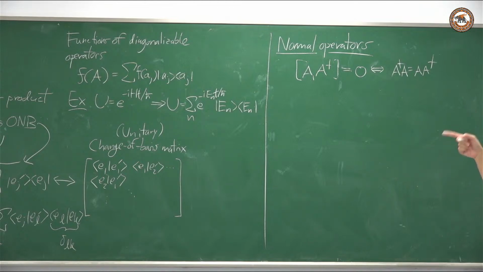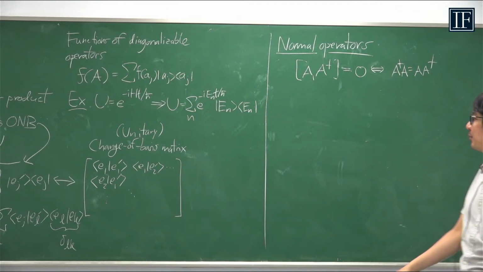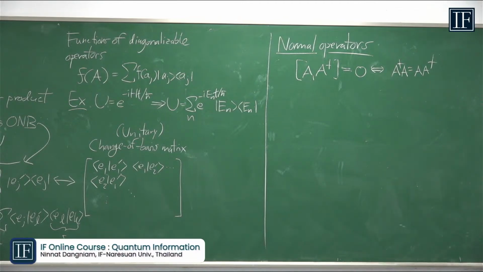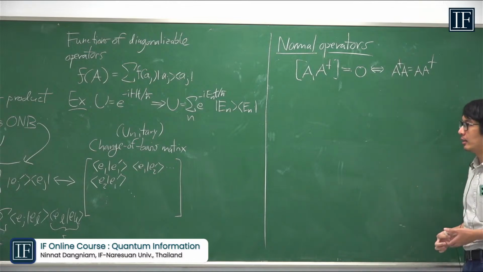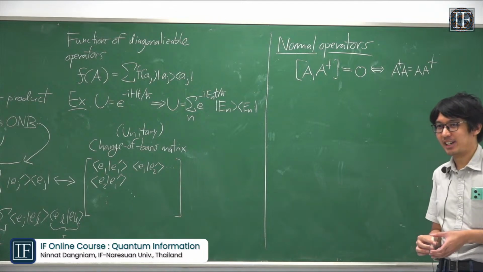A unitary operator is also a special case. A projection operator too, but a projection operator is already Hermitian. So basically most of the things that we care about in quantum mechanics are normal operators, except when they are not normal.